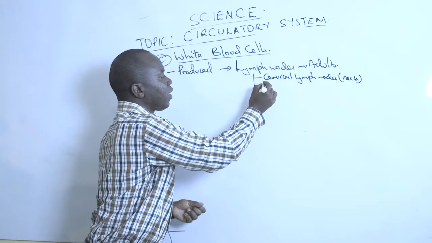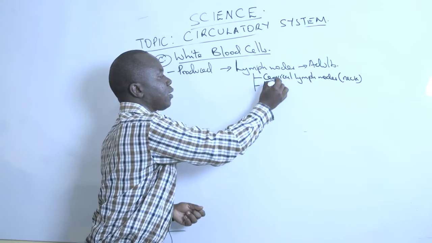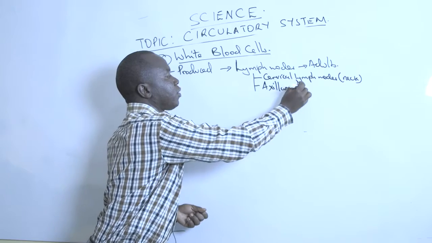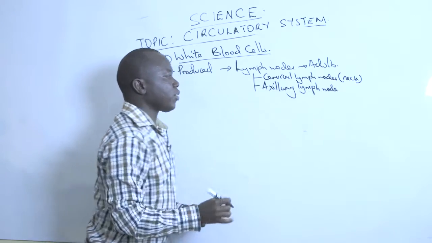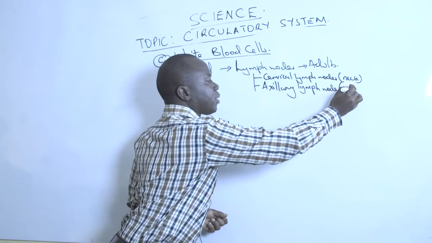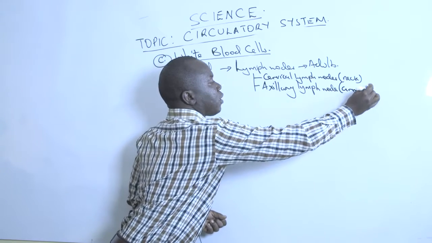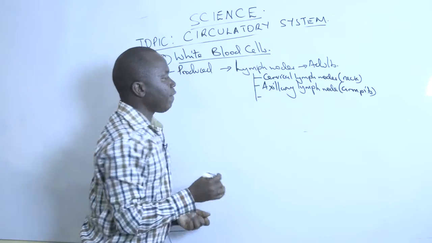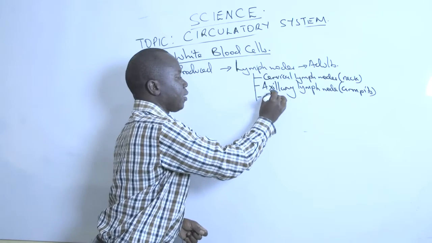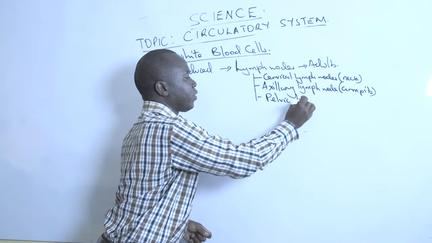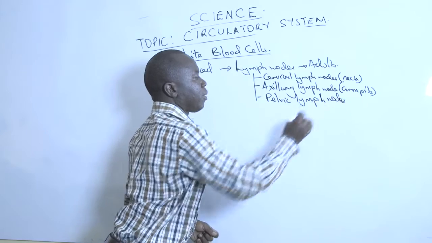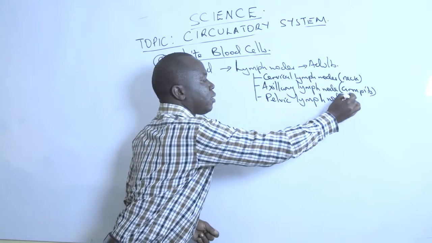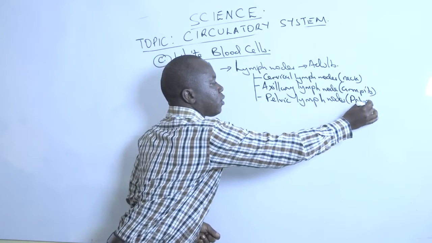We also have axillary lymph nodes, which are found under the armpits. And then we have pelvic lymph nodes in the pelvic region.